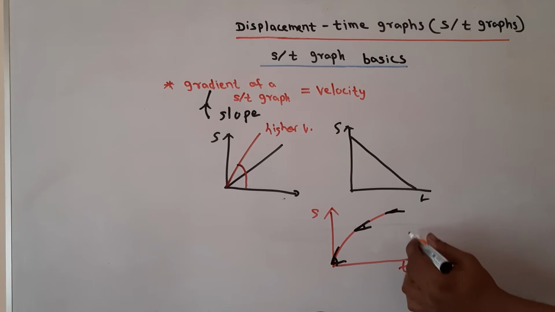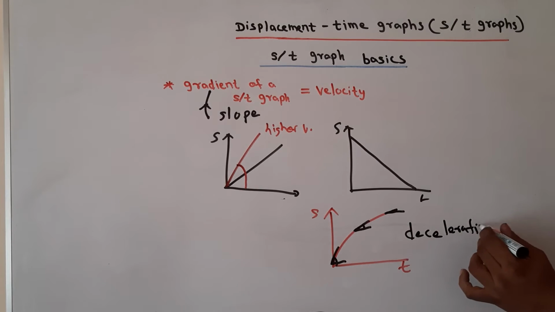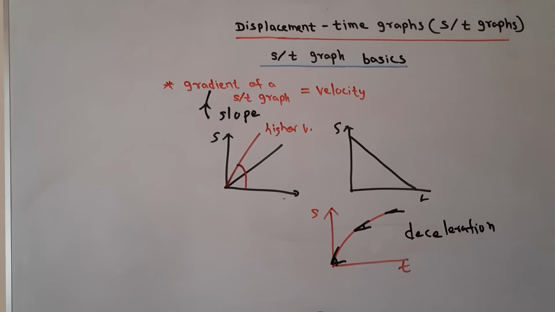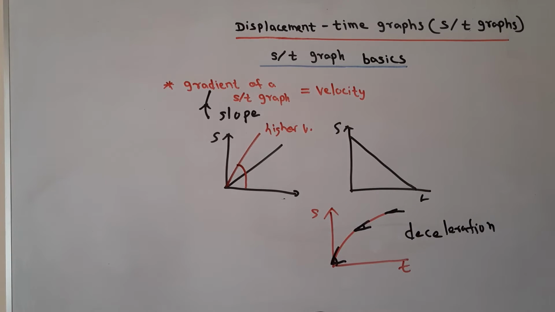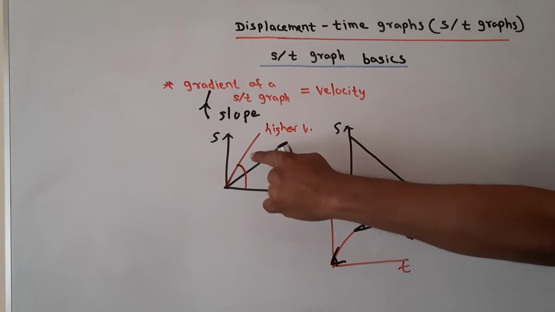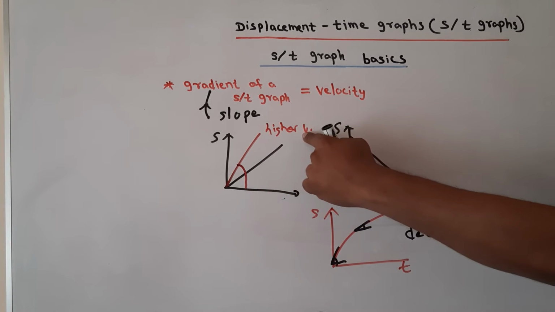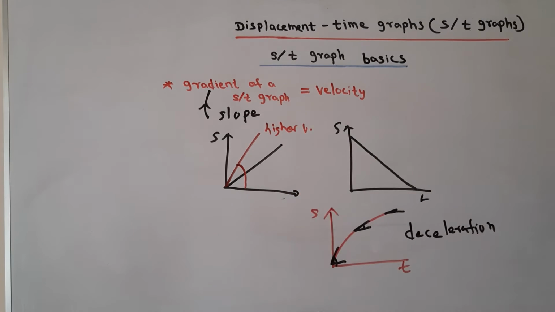So this is a decelerated motion. This is deceleration. In both these cases, gradient is constant, so it's a constant velocity, but in this red one, higher gradient means higher velocity. The black one is a lower velocity.